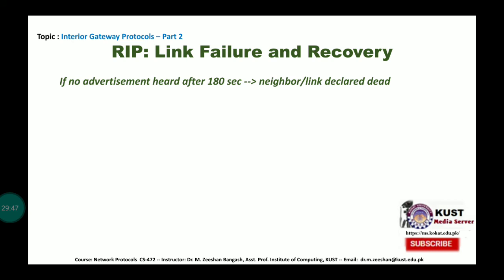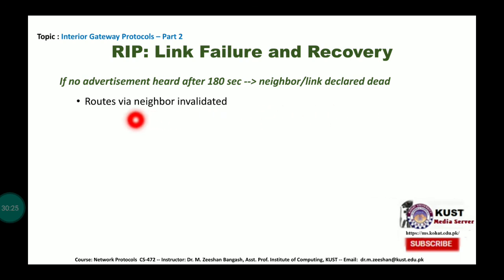Now there are some issues related to link failure and recovery in the case of the Routing Information Protocol. If the advertisement packet is not heard after 180 seconds for any interface by the neighbor router or the neighbor network, that link is declared a dead link. So it's basically a link failure and recovery mechanism: if an advertisement packet is not received by a router from the neighbor, that link is considered a dead link.